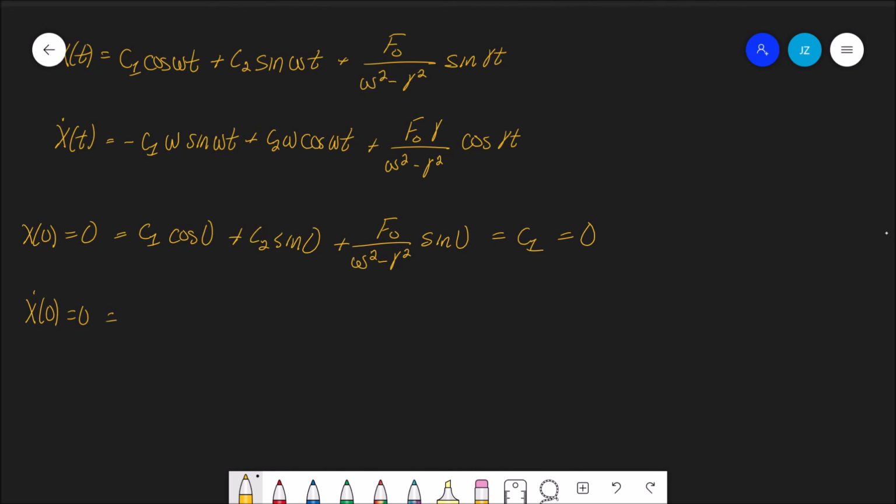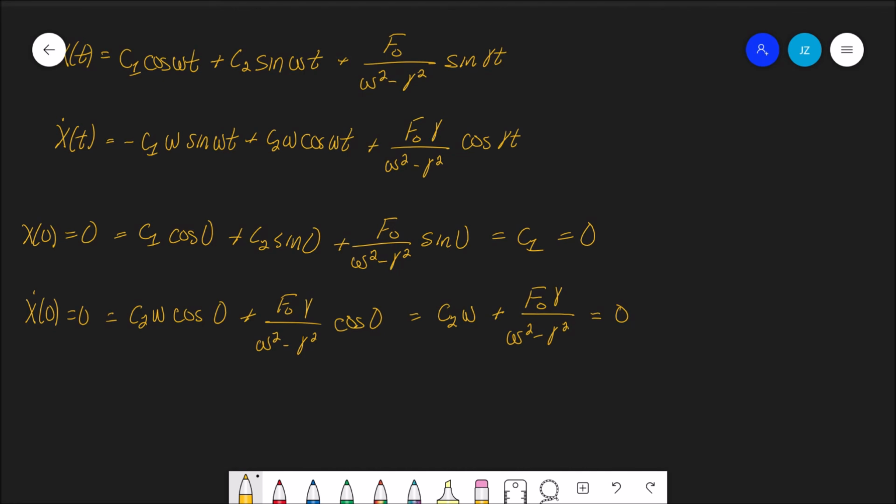So we get C2 omega cosine of 0 plus F naught gamma over omega squared minus gamma squared cosine of 0, which is just C2 omega plus F naught gamma over omega squared minus gamma squared. And this, of course, has to be equal to 0.